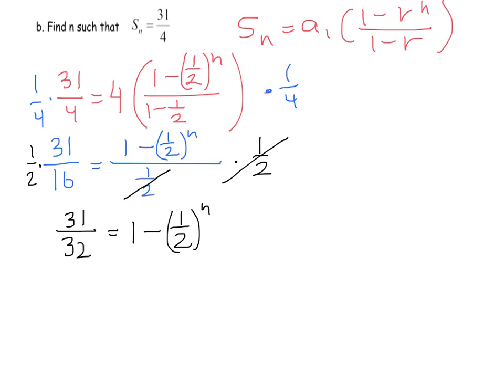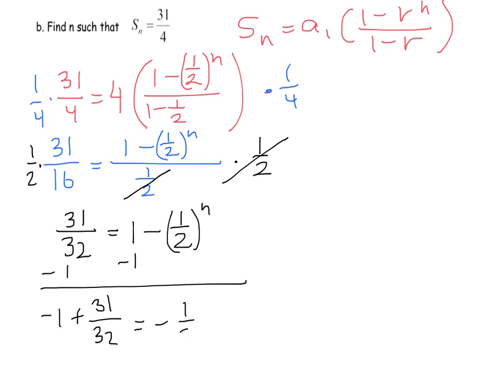And if I subtract 1 from both sides, I will have negative 1 plus 31 over 32 equals negative 1/2 to the nth power.